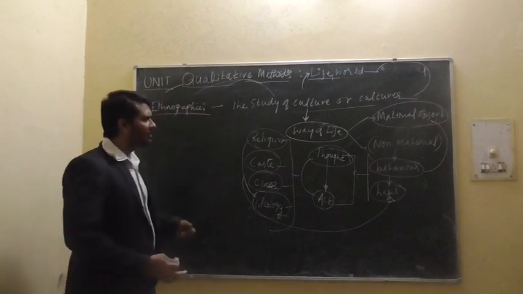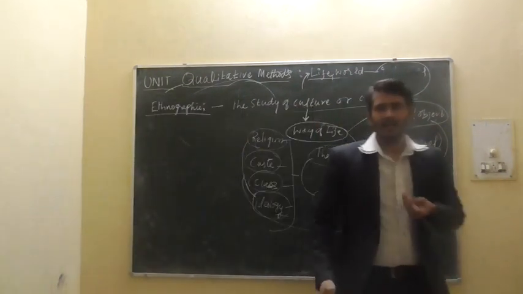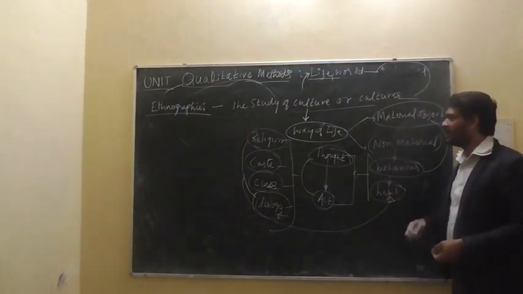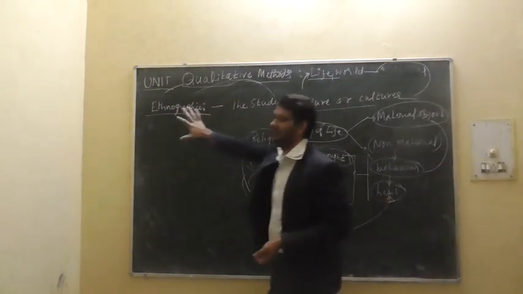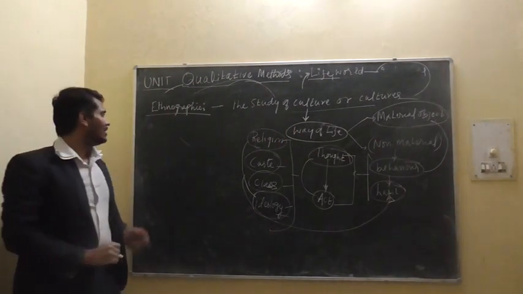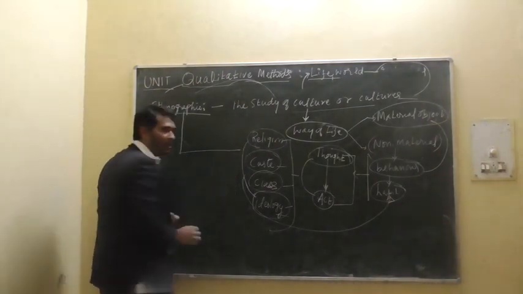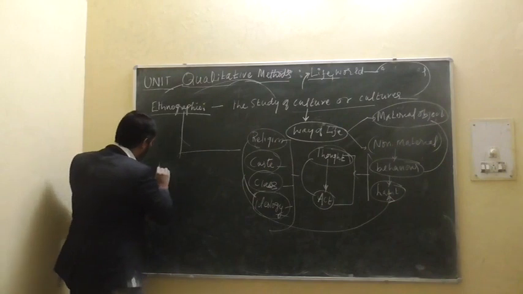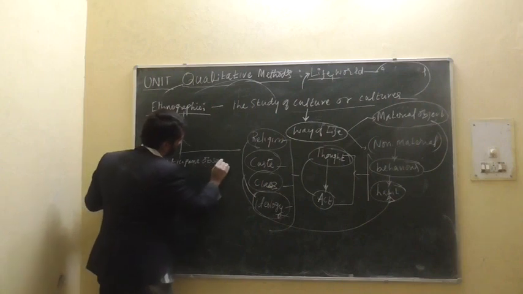In terms of behavior, you may be understanding the attitudes of individuals. These are all part of the ethnographic study. So when we say ethnographic study, how are we going to understand this? We understand it as a participant observer.